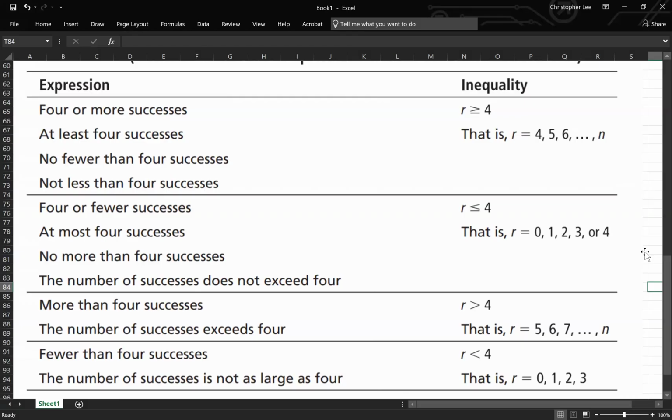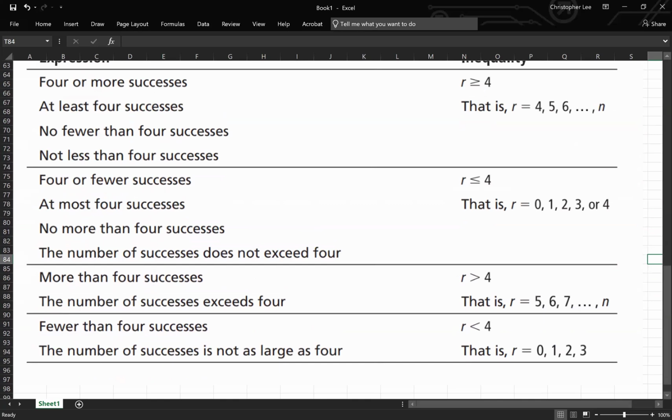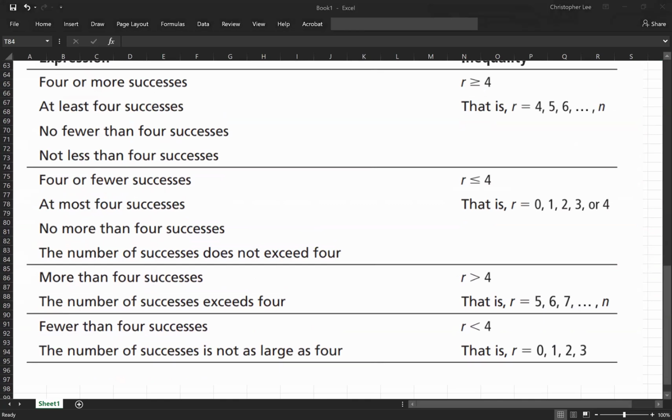Less than or equal to 4, that's what that means. There's a homework question that's going to help you with that.